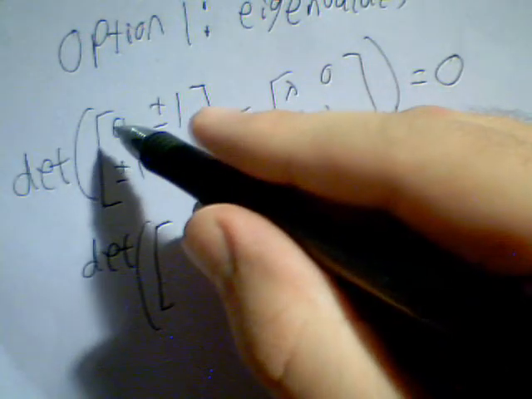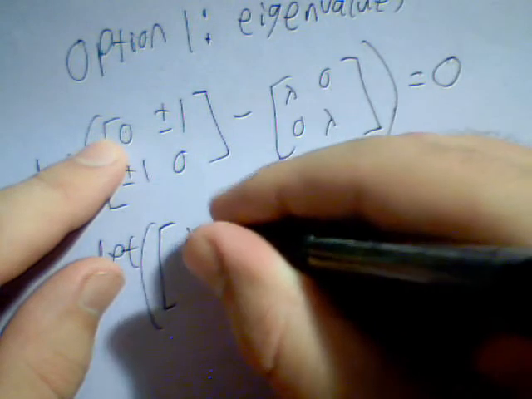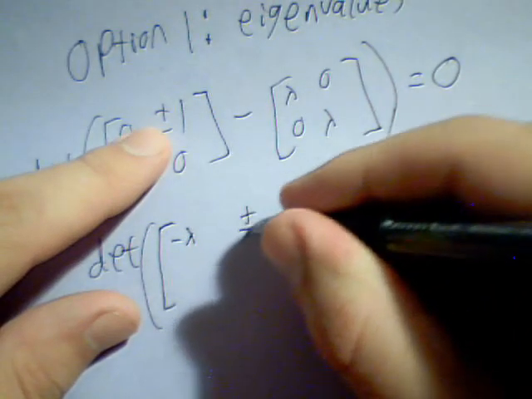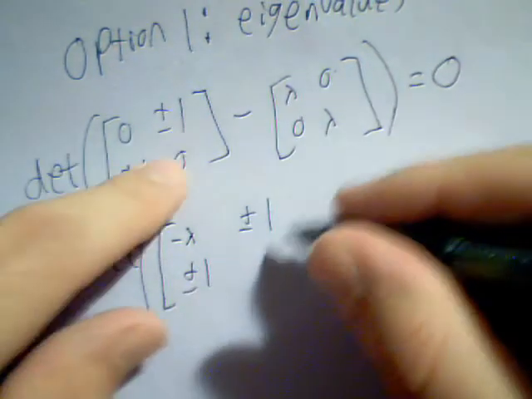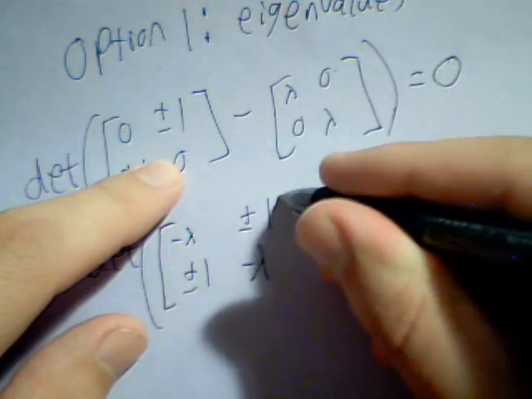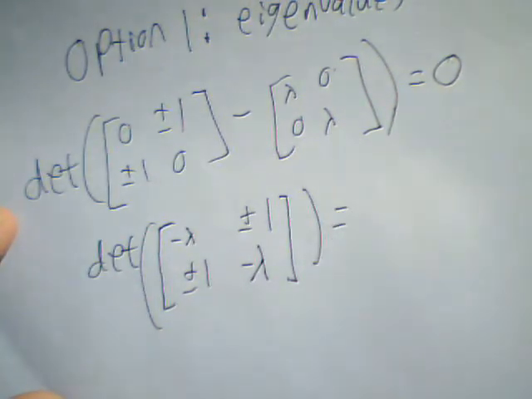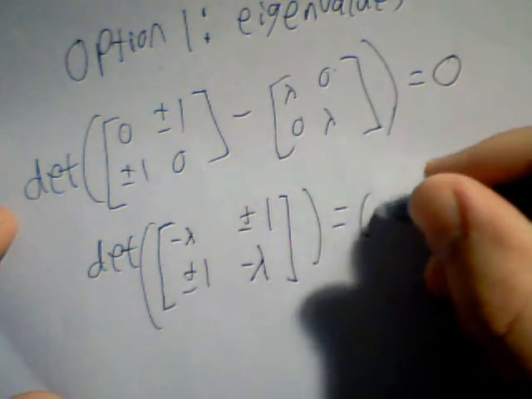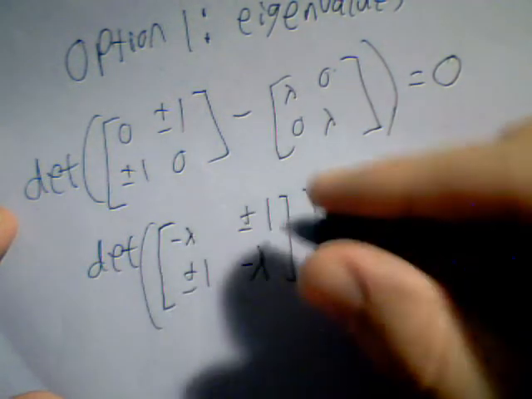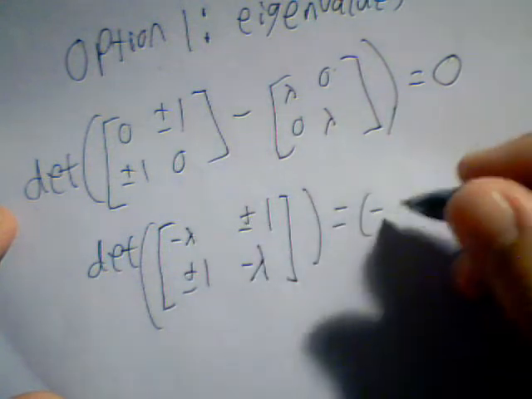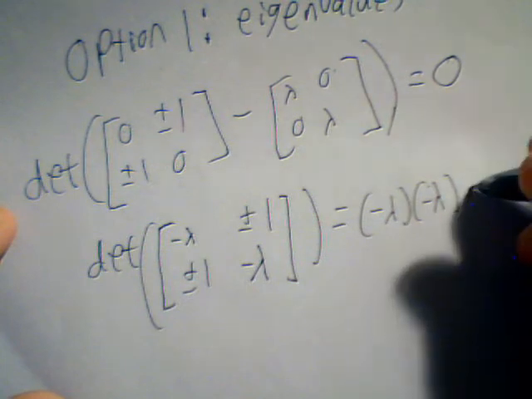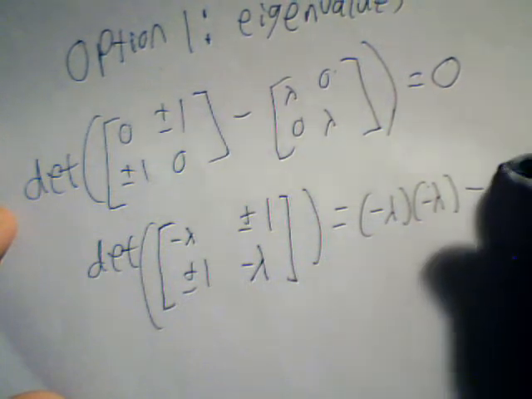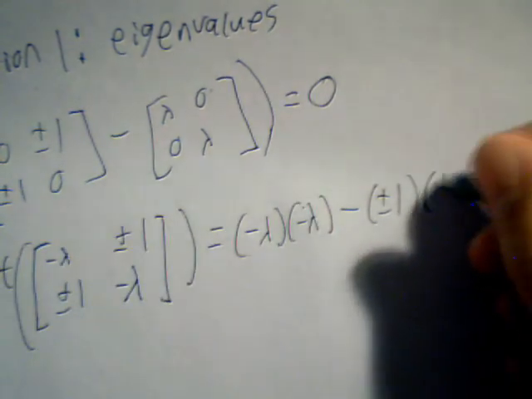So it's really a determinant of, well, 0 minus lambda is negative lambda. Still got plus and minus 1, minus 0, plus minus 1, minus 0, and then 0 minus lambda. Thinking of the matrix as ABCD, the determinant is AD minus BC, so this is negative lambda times negative lambda, minus plus or minus 1 times plus or minus 1.